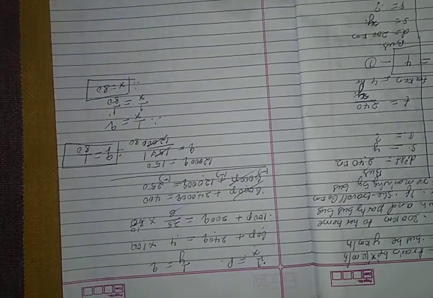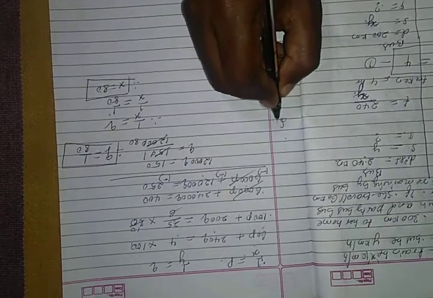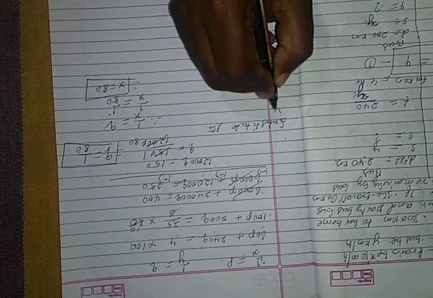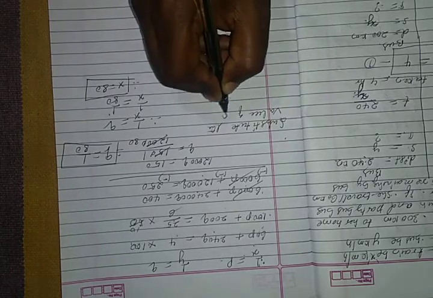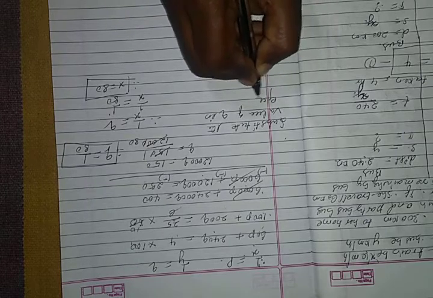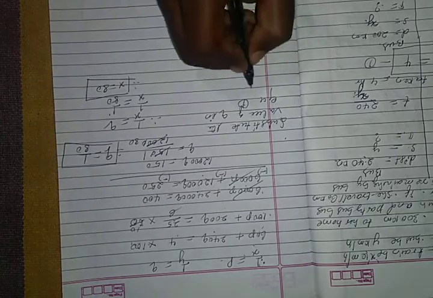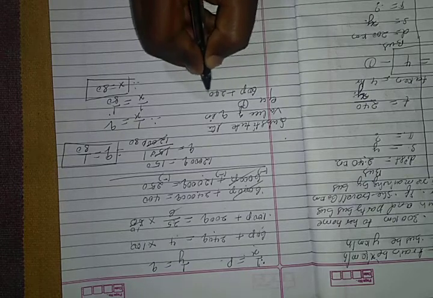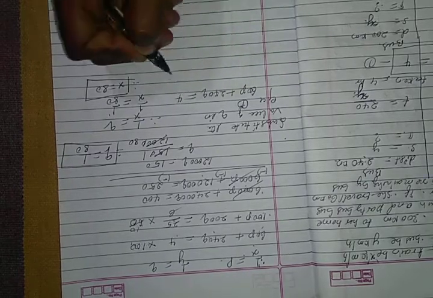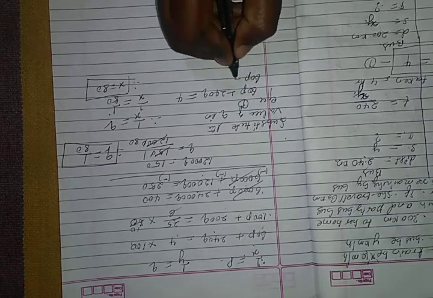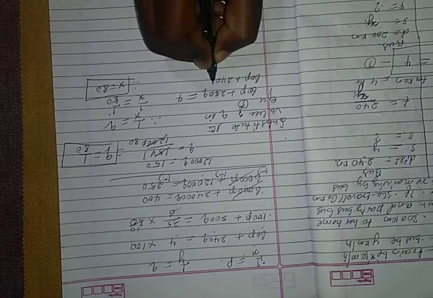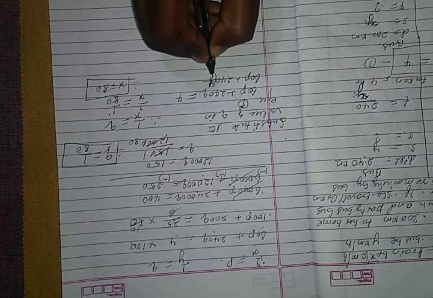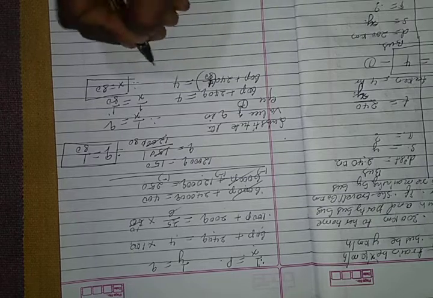And then next, substitute the value of q in equation 1. Equation 1 is 60p plus 240q is equal to 4. So 60p plus 240 into 1 divided by 80 is equal to 4.